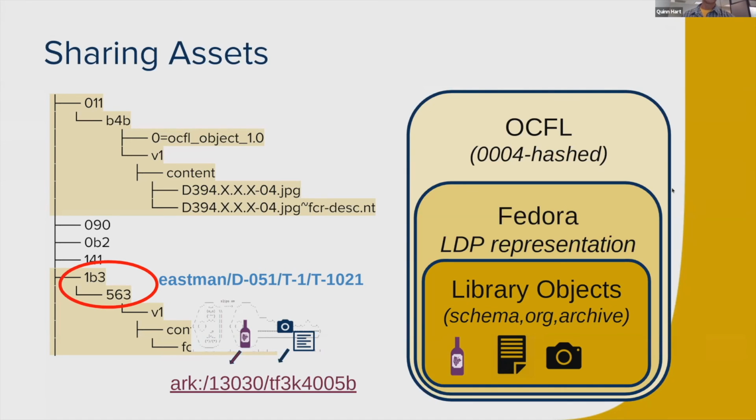The other component is that I don't know if the layout definition in OCFL is the best section for this, but we envision that somebody else describes the overall representation of how Fedora or the linked data protocol is represented within OCFL. Then we would layer on top of that our definition of how we use schema.org, how we archive, and how we associate media. That definition would hopefully be enough to describe the packages that we're sharing completely.